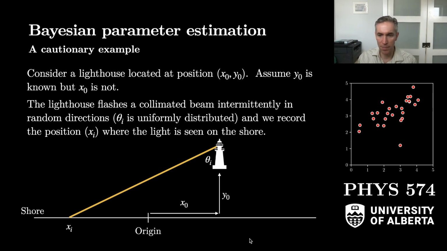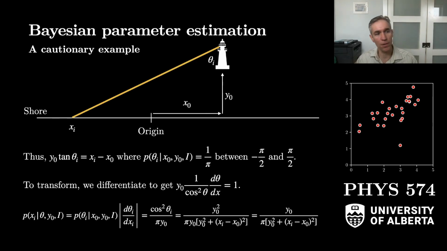So this is the model for what's happening, and we can just do some geometry to figure out how this works. So using the powers of trigonometry, we get that the tangent of this angle is going to be xi minus x naught divided by y naught. So I can put that up here and say y naught tan theta is equal to xi minus x naught.